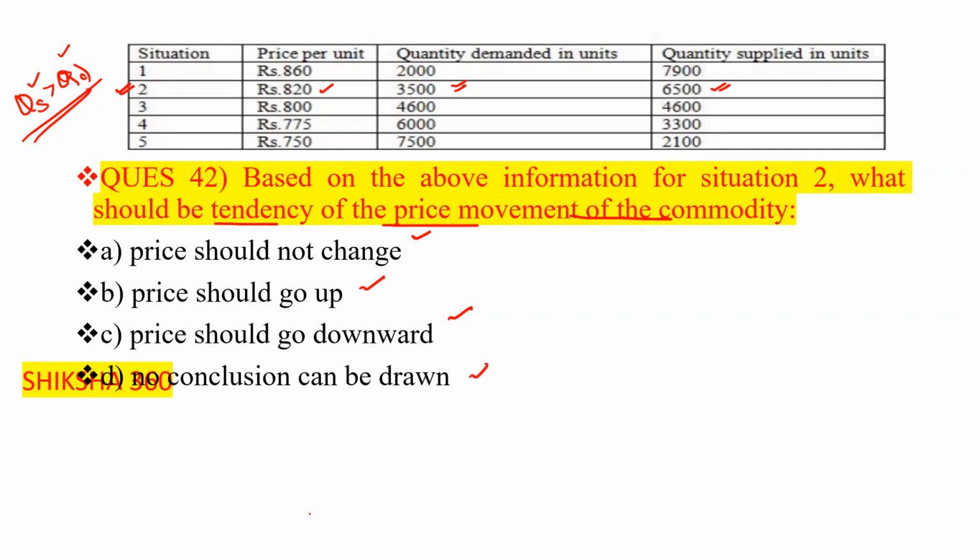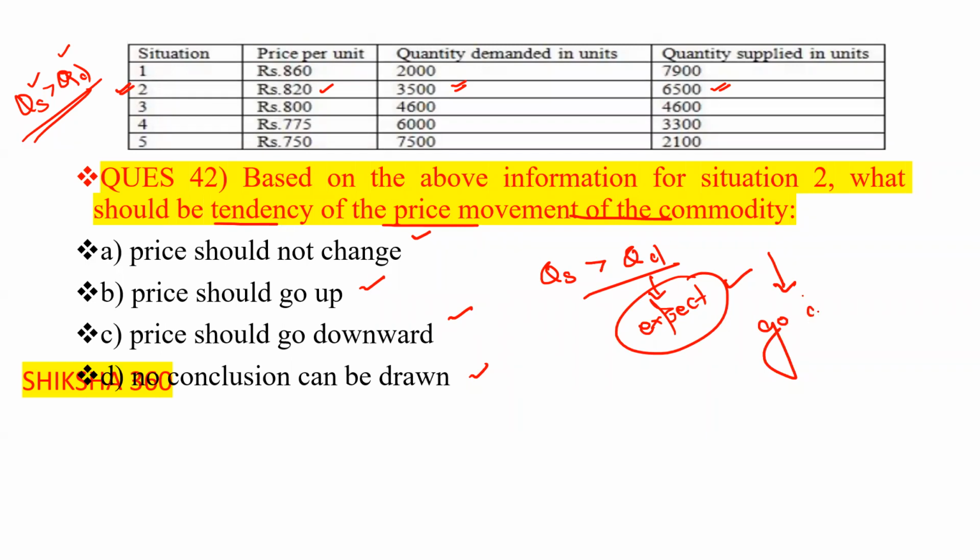So here, based on the above information for situation 2, when there is more quantity in the market with respect to the demand, people will expect that as the quantity is more and demand is less, the price will go downward. You can experience the same thing yourself: if more of a thing is available in the market, the price will go down.